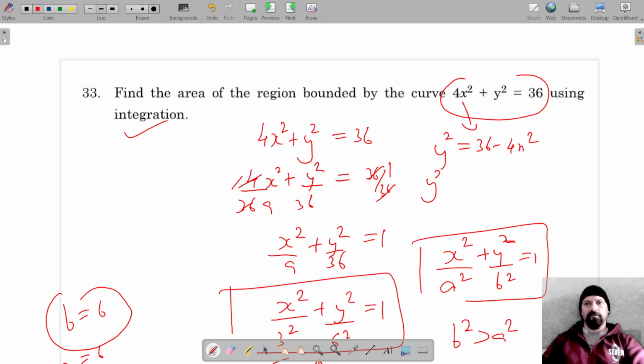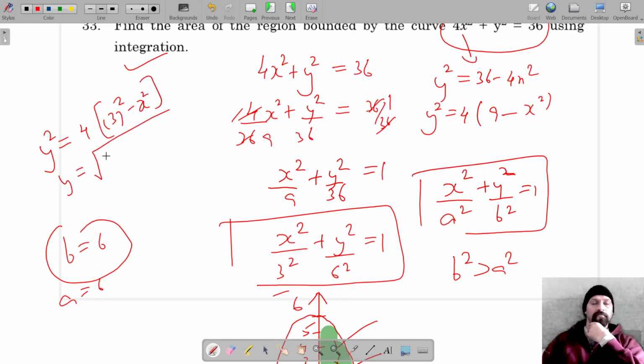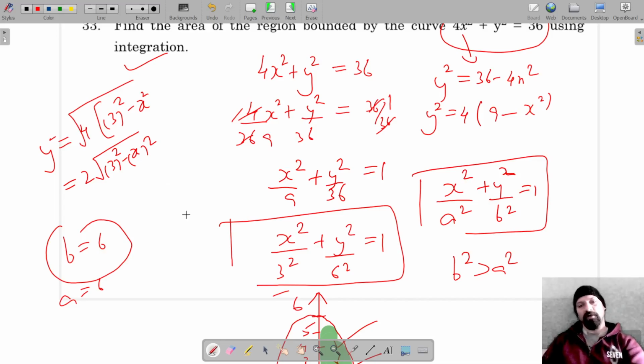I can take 4 common here, so this is 9 minus x square, which gives me y square is equal to 4 into 3 square minus x square, and y is equal to the square root of this. The square root of 4 is 2. So 2 into the square root of 3 square minus x square is the value of y.